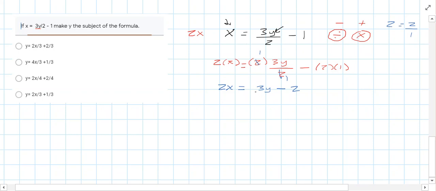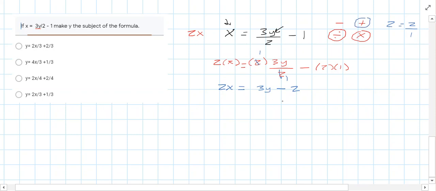Now we're trying to make y the subject, so we're trying to get y on its own. What we want to do is get rid of the numbers around y, starting with the numbers that are furthest away. The furthest away number is this minus 2. Remember, this operation is minus, so we have to do the opposite operation, which is plus.